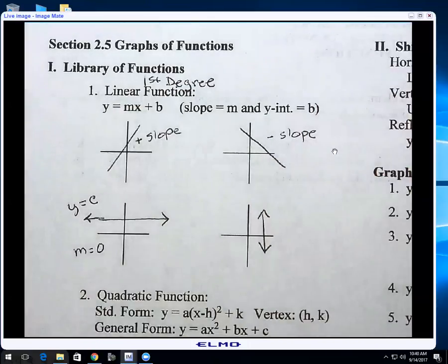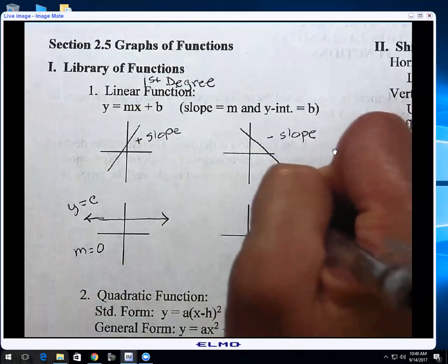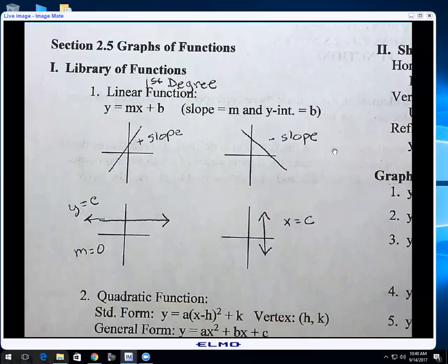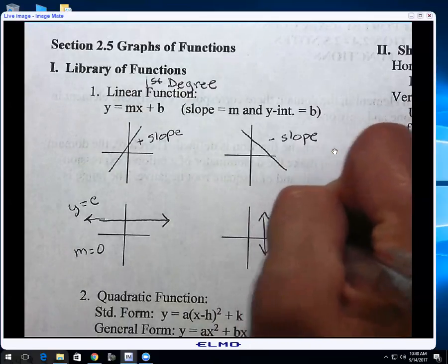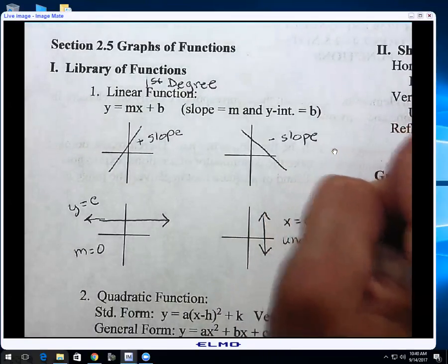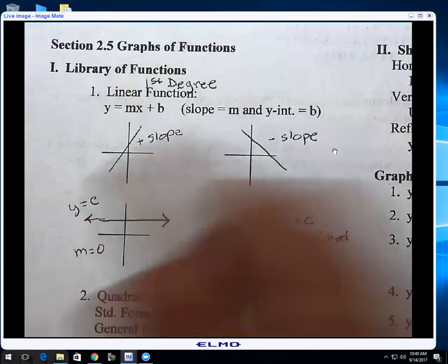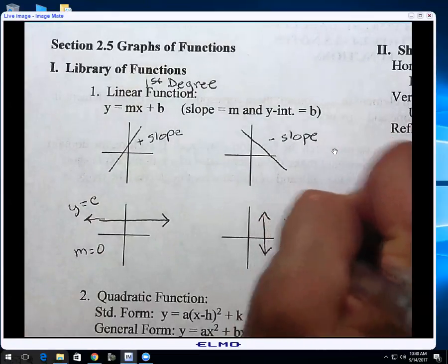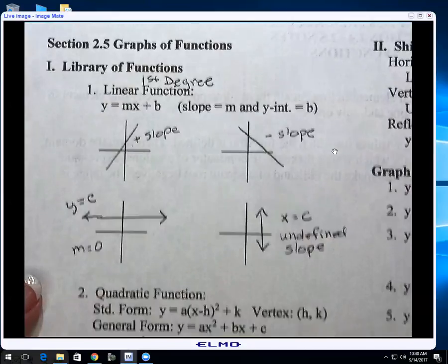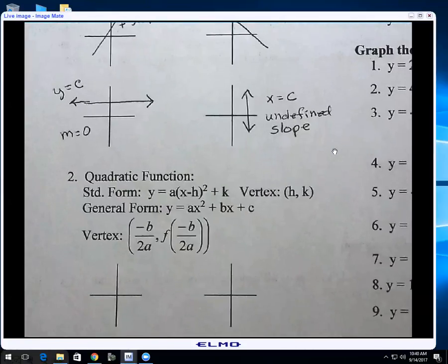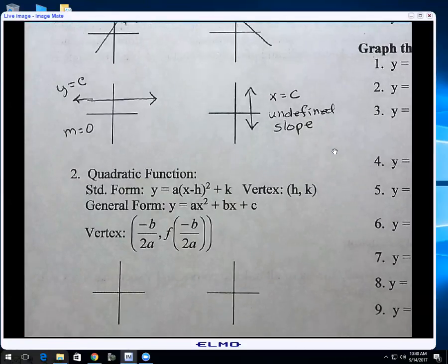What's the equation going to look like? X is a constant, and what do you know about the slope? Undefined slope. So that is your quickie review of 2.3. What you need to know about quadratic functions, and how do you recognize a quadratic function? What makes you go, ooh, this is going to be a parabola? Second degree, y equals x squared.